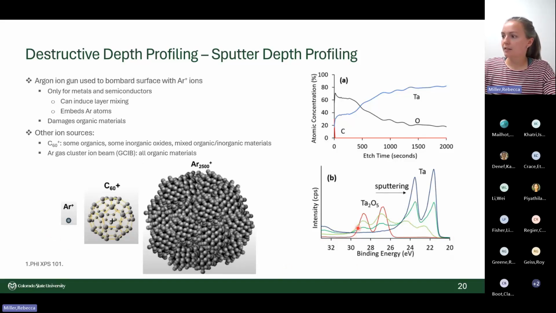As you collect those series of data sets, you might see changes in the binding environments as you go deeper, or composition, different elements coming in or out. And so typically people, after analyzing each of those data sets at different sputter points, then might put together one of these plots where the elemental concentrations change with sputter time.